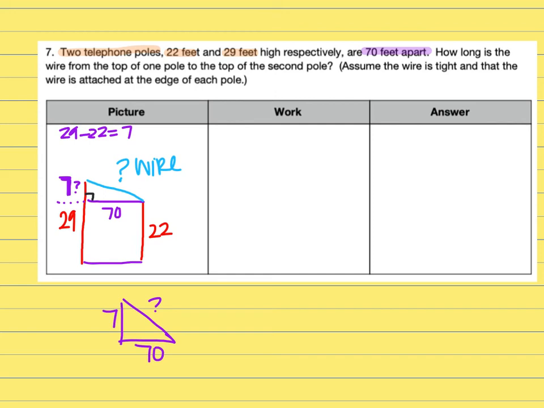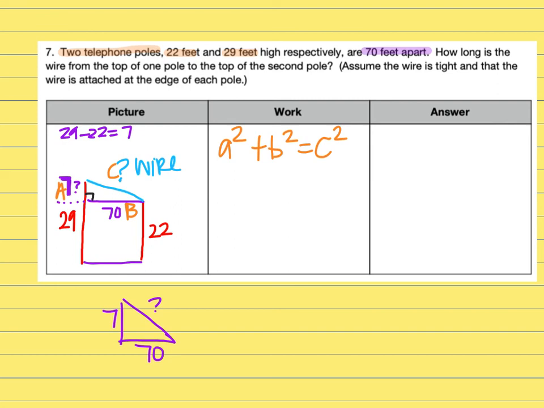Again, in the right triangle, the A and B are connecting with the right angle. So this would be an A side, this would be a B side, and then C, the wire, is the one that's missing. When I get ready to solve, A squared plus B squared is C squared is the formula for Pythagorean theorem.